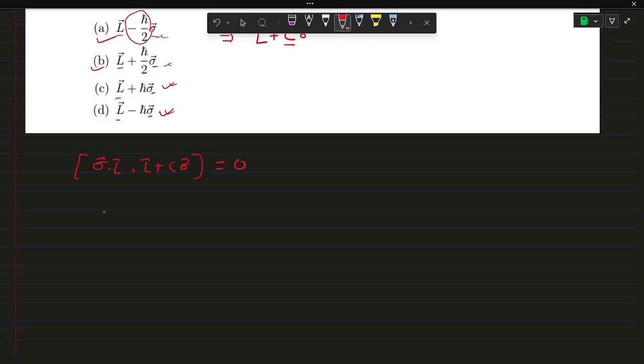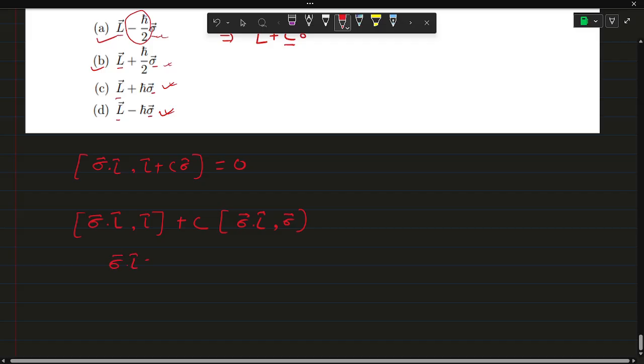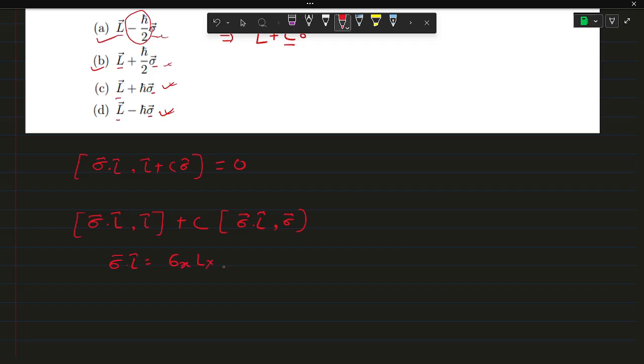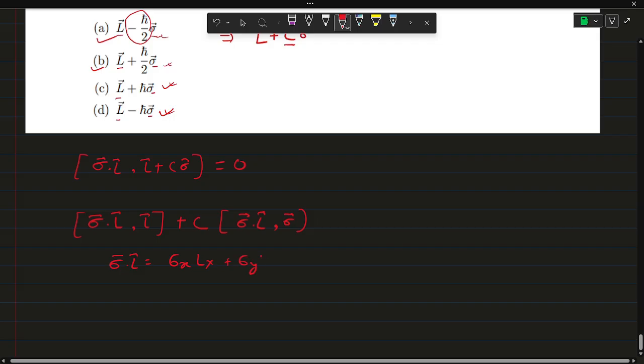Now break it. Sigma dot L with L, plus, taking outside, sigma dot L with sigma. Sigma dot L is sigma x Lx plus sigma y Ly plus sigma z Lz.